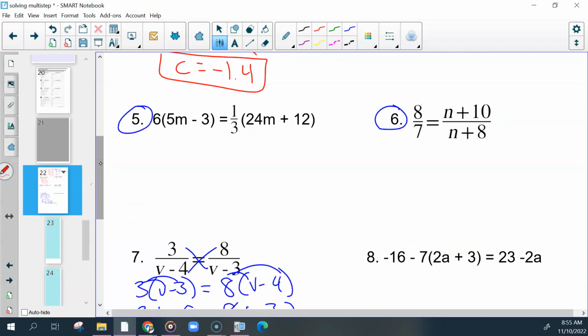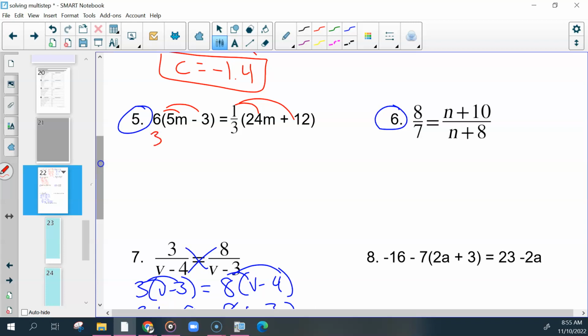With 5, what do we think the first step is going to be? Distribute. Even though it has a fraction, we can still distribute. Now, if we ended up with other fractions, it would just make it a little bit more difficult. But more than likely, this fraction is going to disappear.